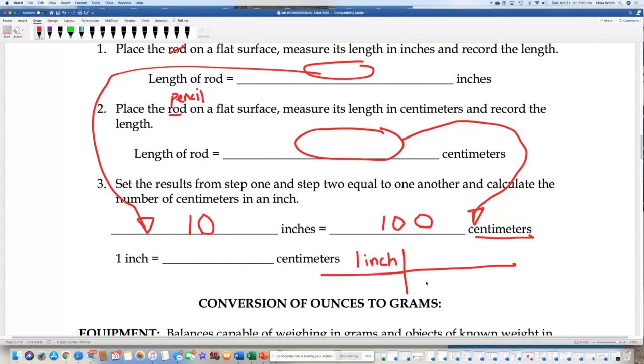You put this 10 down here, 10 inches, 100 centimeters, and then take this, divide by that. You take 100 divided by the bottom number, 10, and you get 10 centimeters. So here for the number, you put 10.